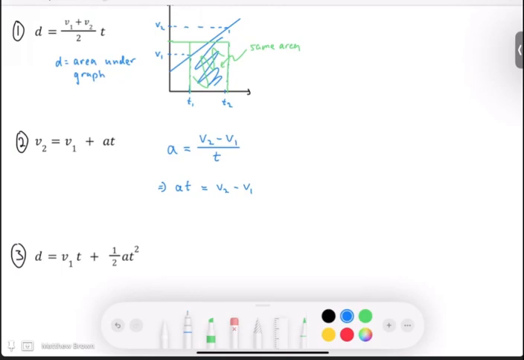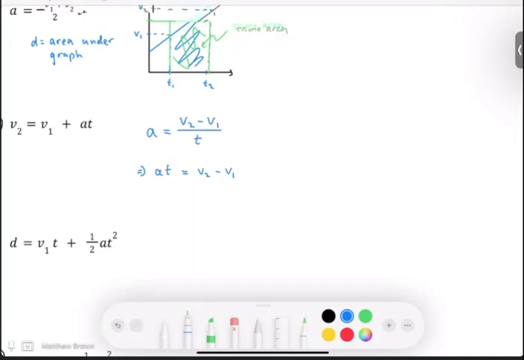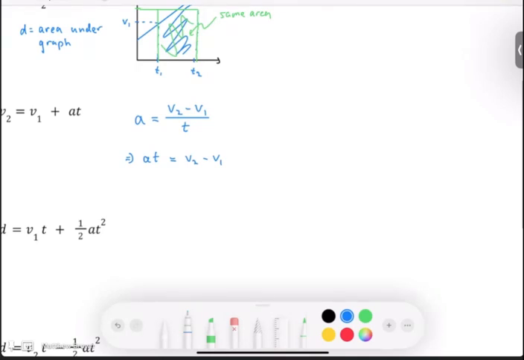And then add v1 to both sides. Or you can rearrange this for v1 instead: add v1 to both sides, but then subtract at, so v1 equals v2 minus at.